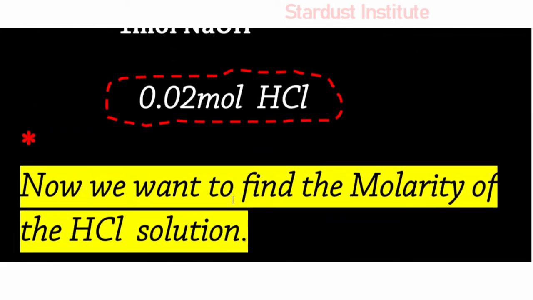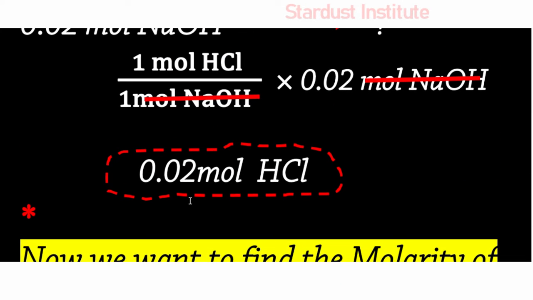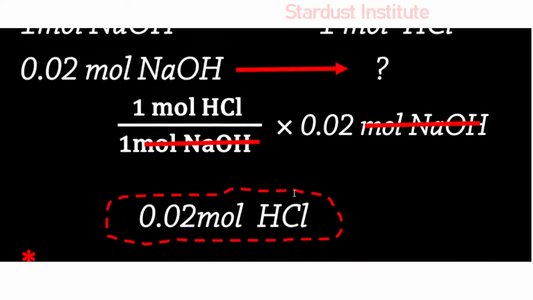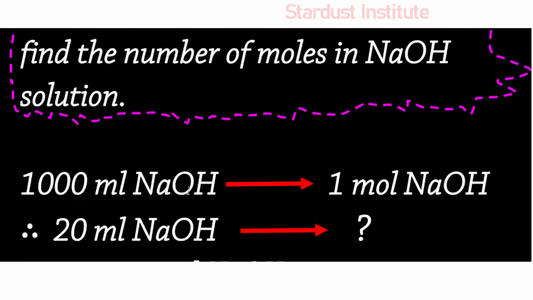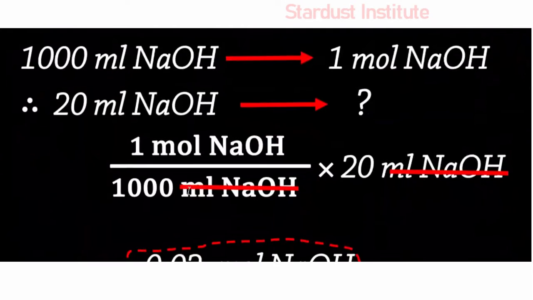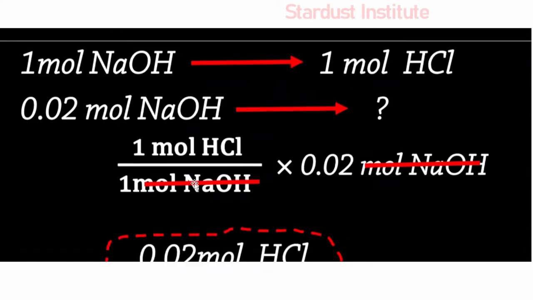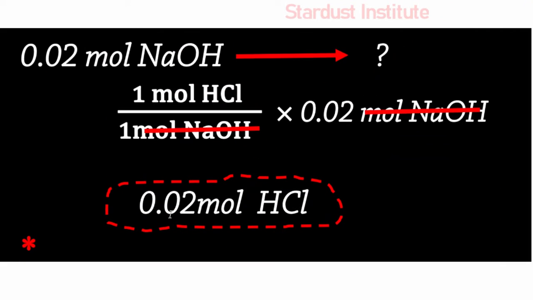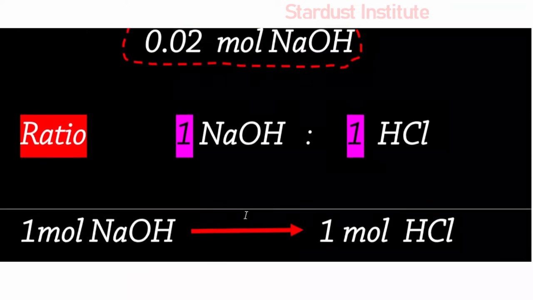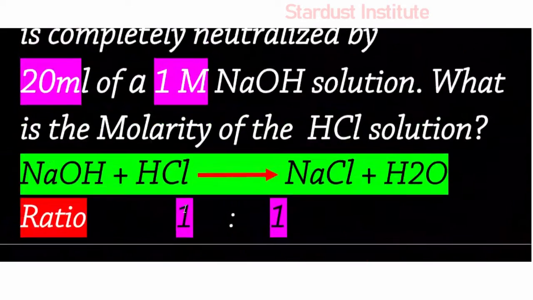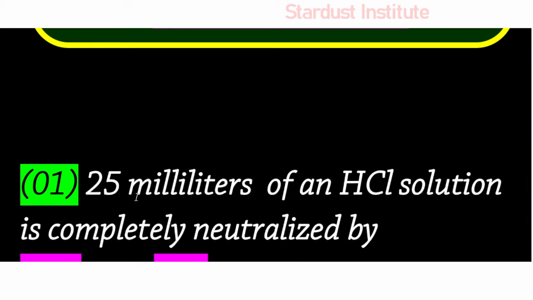We found the number of moles of this HCl solution, 0.02. We know the volume of this HCl solution. We know the number of moles of this HCl solution, 0.02 moles, and we know the volume of this HCl solution, 25 milliliters.